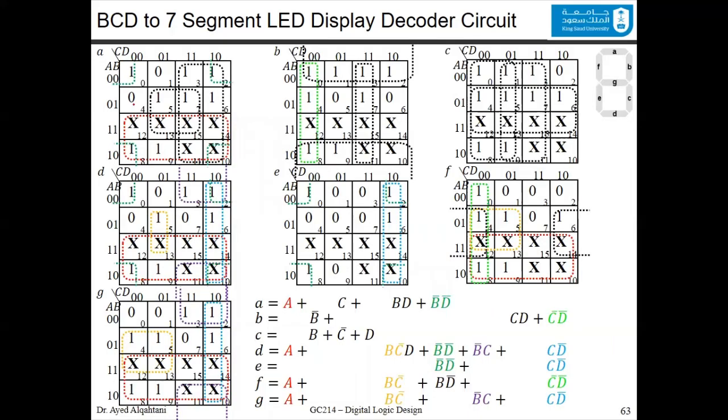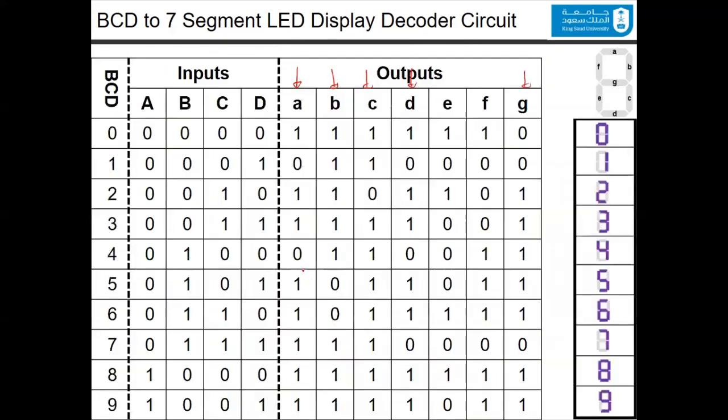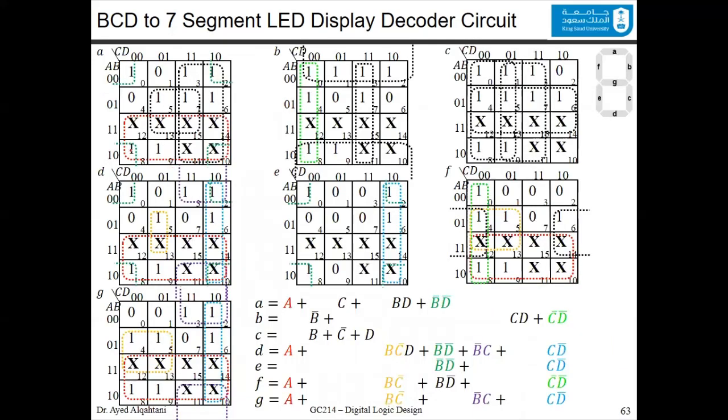You fill it here, 0, 1, 1, 1. And then you keep continuing. 1, 1, which is here, 1, 1. The rest of the unavailable codes, we will consider them to be don't care. And we will do this for all the segments.